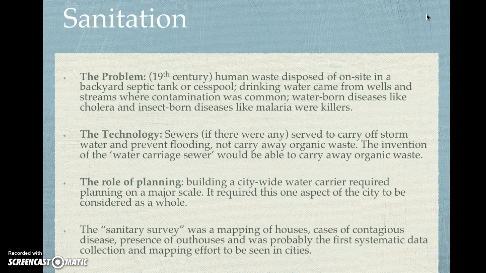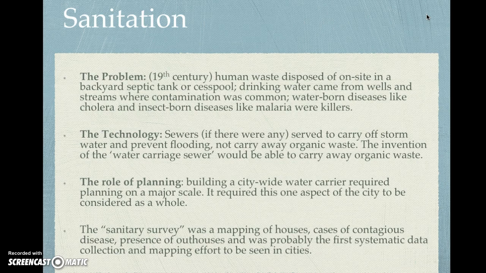So they ended up doing what's called the sanitary survey, where they made a map. They mapped out houses. They plotted cases of contagious disease. They plotted out where there were outhouses, and this was probably one of the first systematic data collection and mapping efforts to be seen in cities, which is pretty cool.